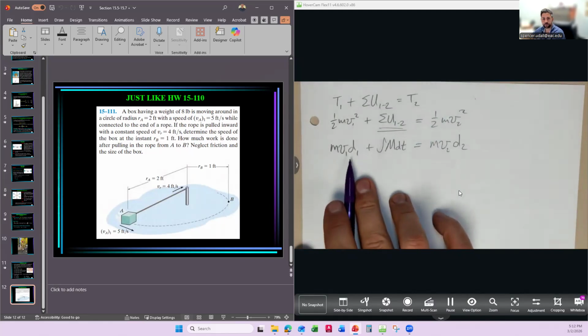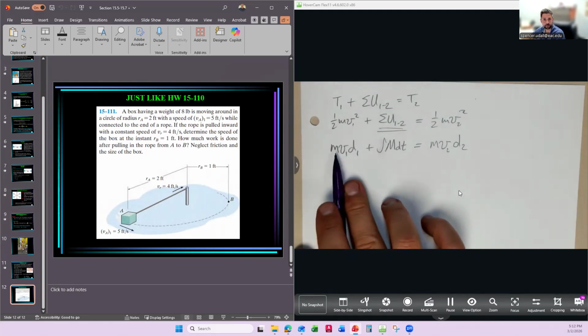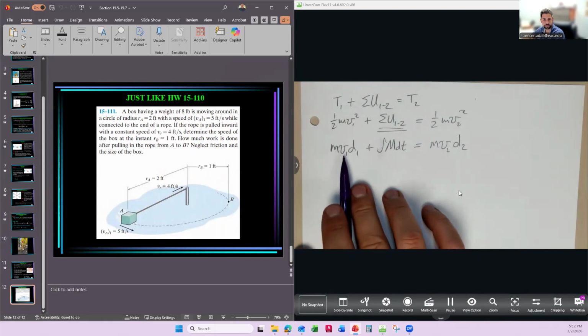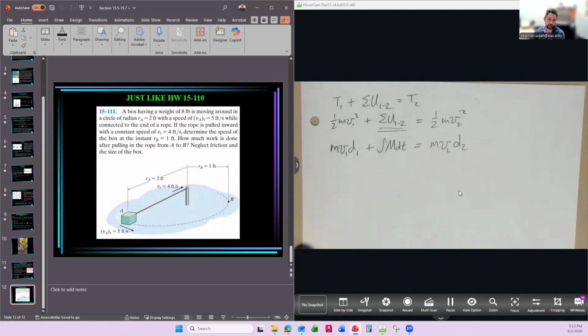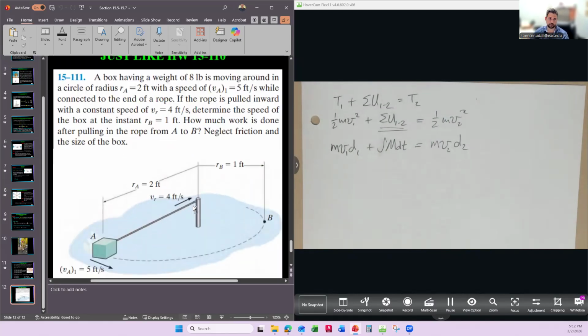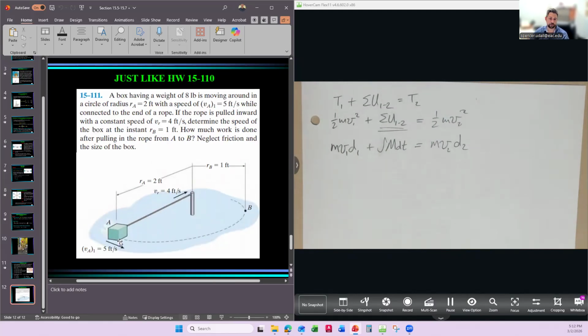So we need to think to ourselves, do we have initial velocity? Yes, so this is not going to be zero this time. Do we have applied moments? If we look at our picture, no forces pushing the block. This is pulling it inward, but it's not changing its velocity tangentially, right? So that is not there.